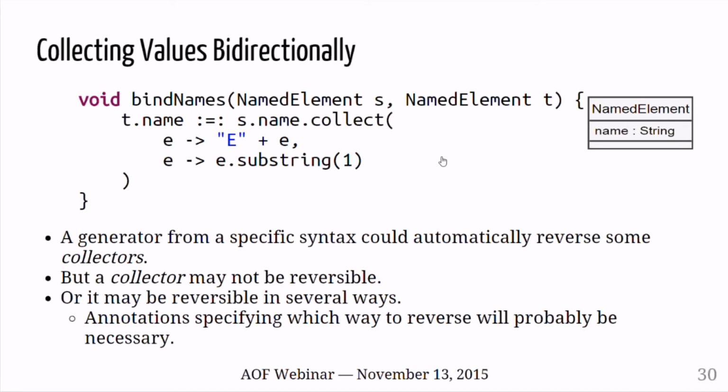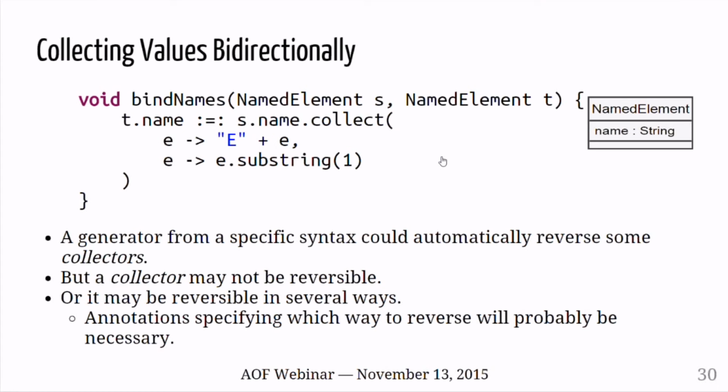So of course, if we had the generator or compiler from a specific syntax, which we aim at with OCL, then we can automatically reverse some collectors. But sometimes collectors are not reversible because they are just not built in a way that you can have a meaningful reverse computation.